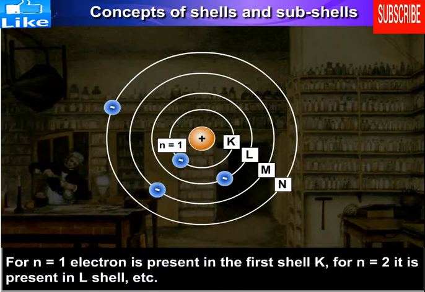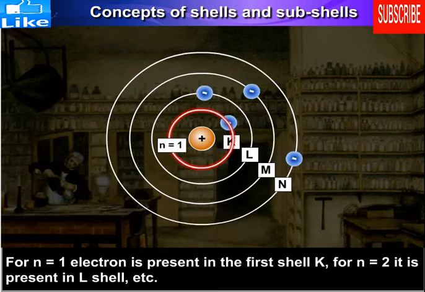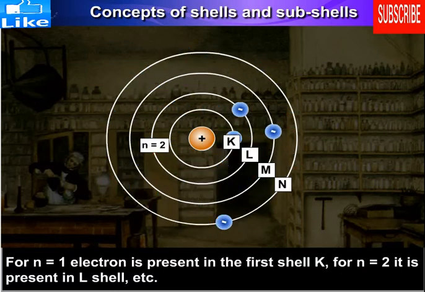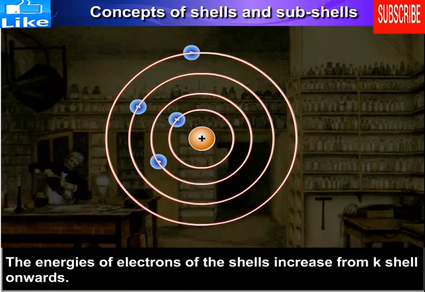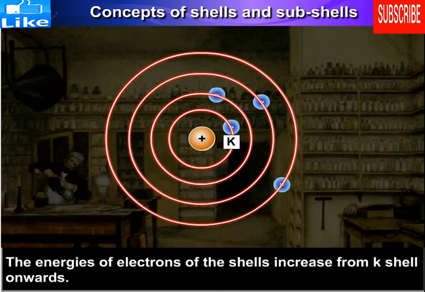For n equals 1, the electron is present in the first shell K. For n equals 2, it is present in the L shell, etc. The energies of electrons of the shells increase from the K shell onwards.